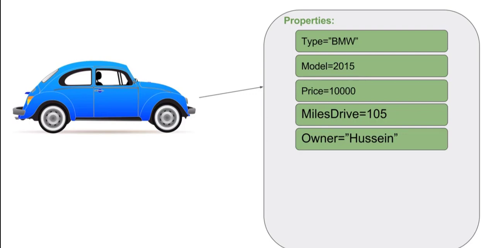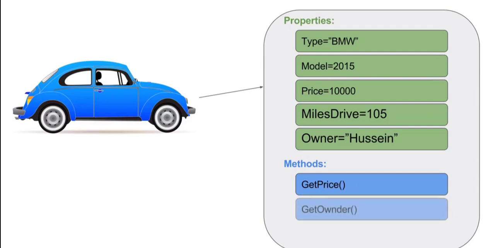But this object also has a number of methods. For example, you need to get the price of the car, depending on how many miles it was driven versus the real price. For example, if it's 10,000 and it was driven 5 miles, you cut something for driving time. Also, you need to get the owner, because the owner would be in the database, and maybe there are too many owners, so you want to filter and look for the last owner and bring the information.